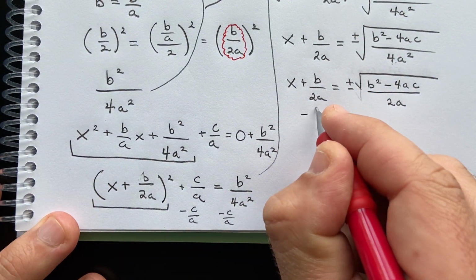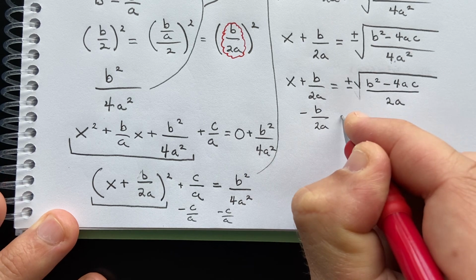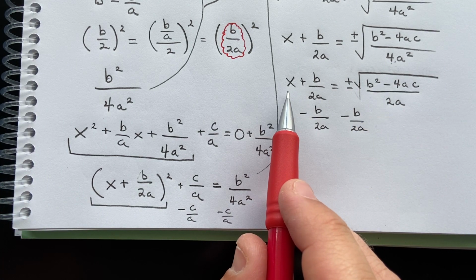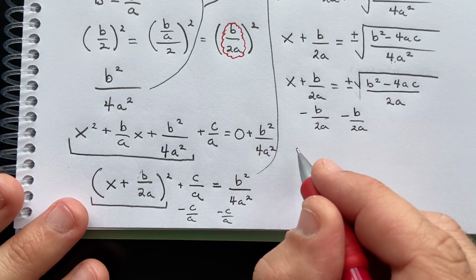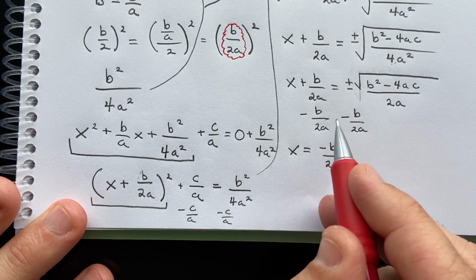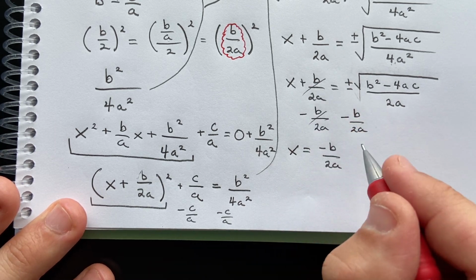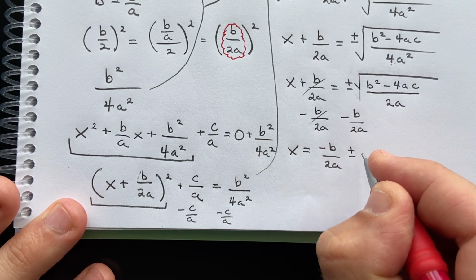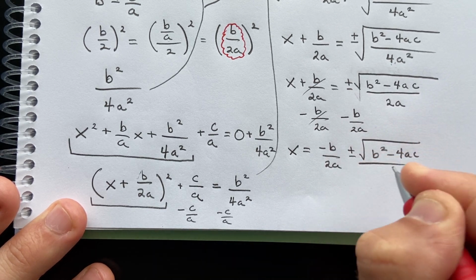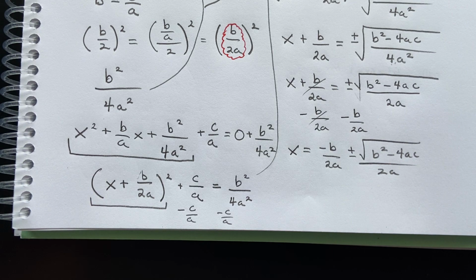Okay, so minus b over 2a, minus b over 2a. I'm isolating x because we're about to solve for x finally. So x equals negative b over 2a, right? I subtracted that over, so now it's over here, plus and minus the square root of b squared minus 4ac over 2a.